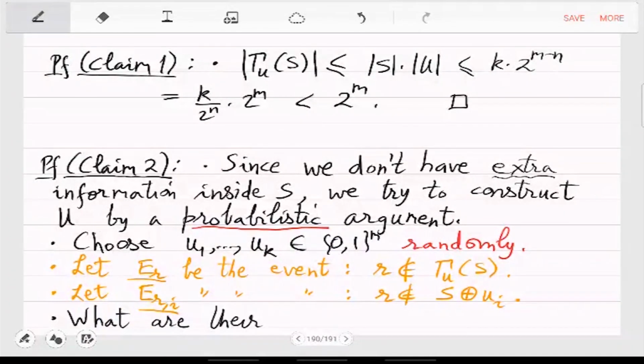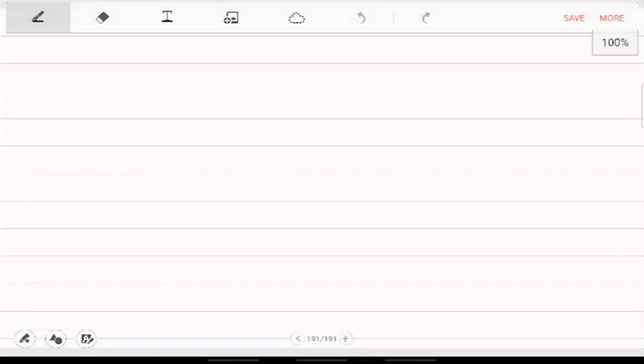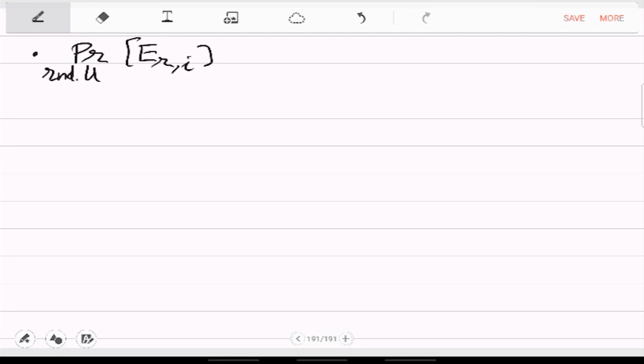So let's estimate their probabilities. So what are their probabilities? So probability of the event ERI over this random U. So if you pick U1 to UK randomly, what is the chance that R is not a neighbor of S via UI?